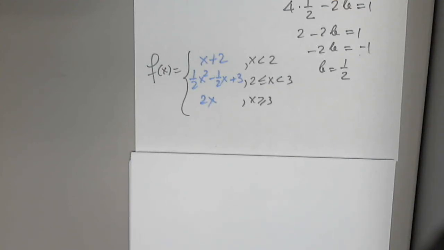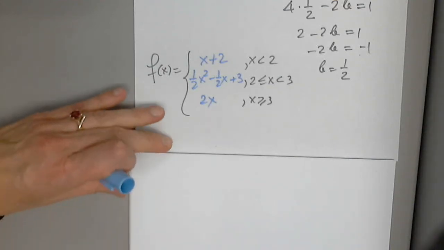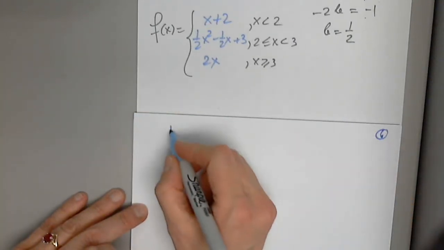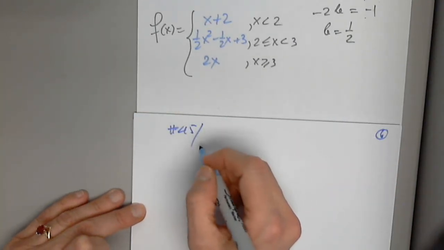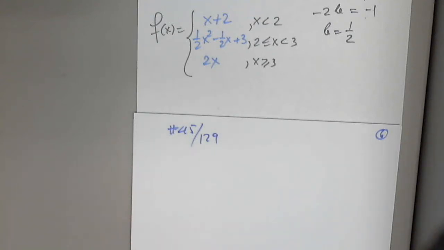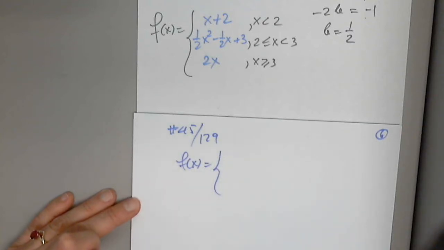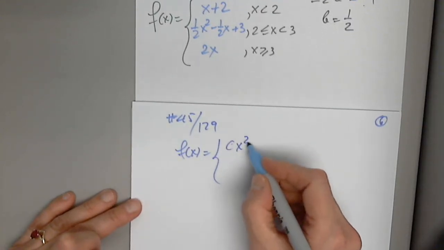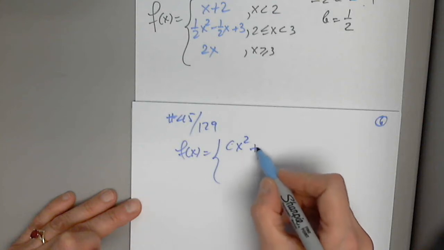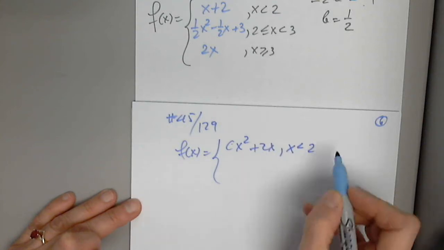We can work on one with 2 branches, like 45 on 129, with the same question: make this function continuous. My apologies for that.